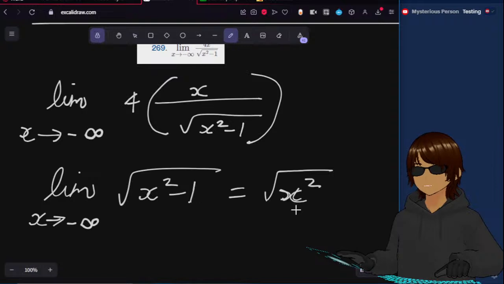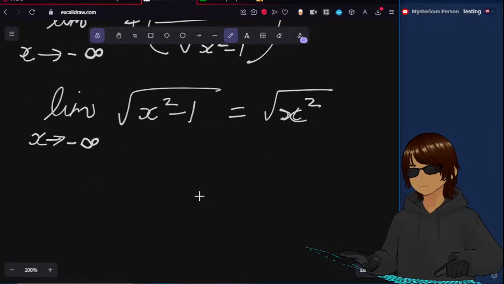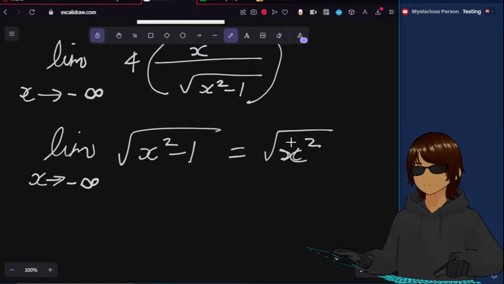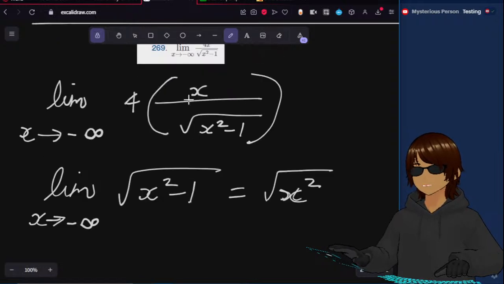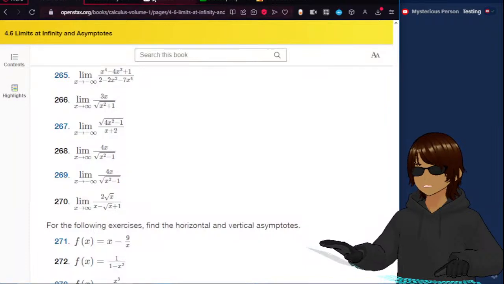So it would be like this. Maybe. But then if this tends to infinity and this tends to negative infinity at the same rate, for very large numbers they should cancel each other out. This would be -4. And you should be left with -1.